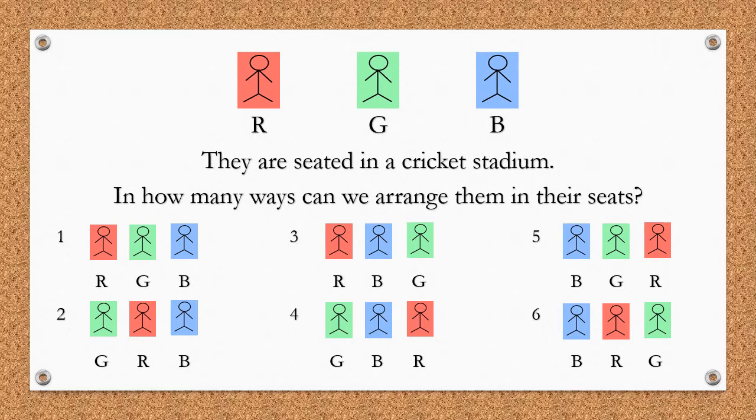So the number of options here is 6. There are 6 different methods in which I can arrange these people.